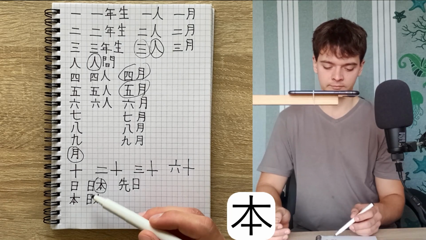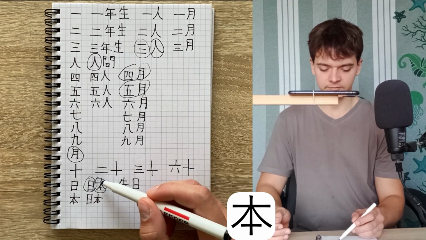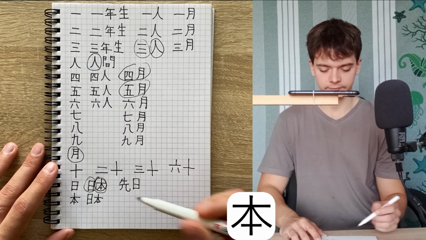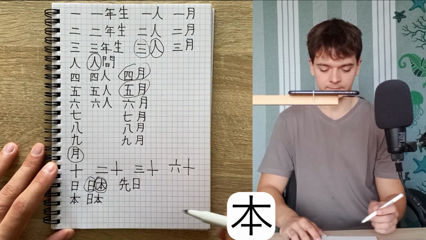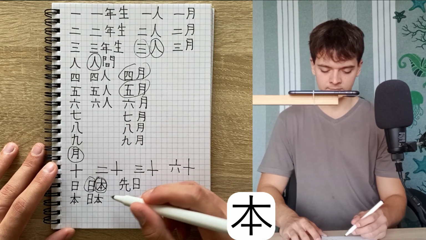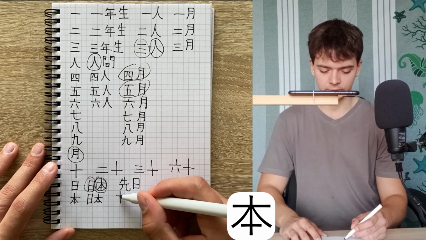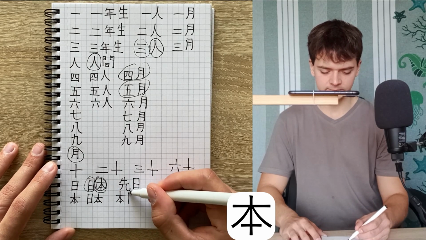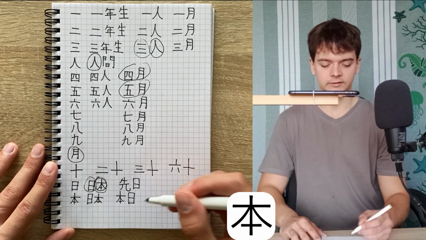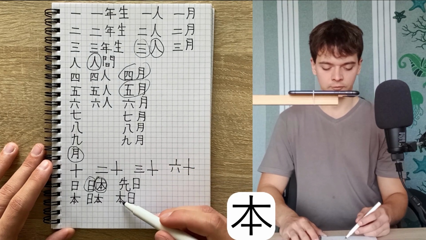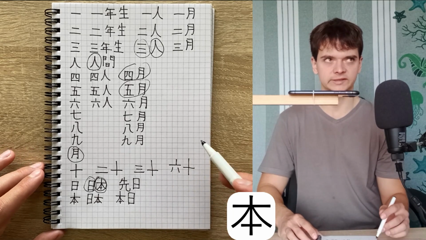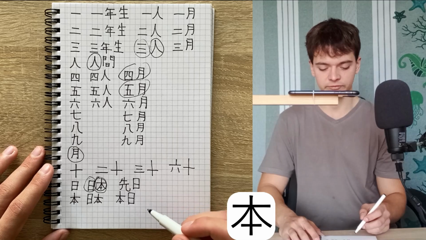So, country of the rising sun and like books. And so they kind of describe themselves in their name. We can even make a word if we switch the order of these kanji to make honjitsu. Honjitsu means today. It's a formal way of saying today.